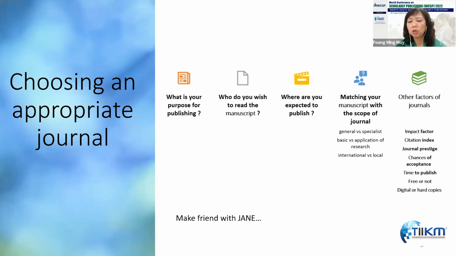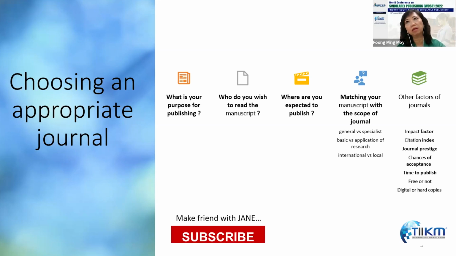Other factors of journals are impact factor. Some universities implement some high standards. They not only want the postgraduate students to publish their findings, they also want the students to publish their findings in journals with impact factors, with citation index, or registered in the Web of Science.